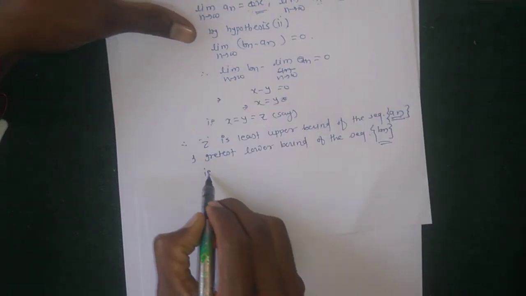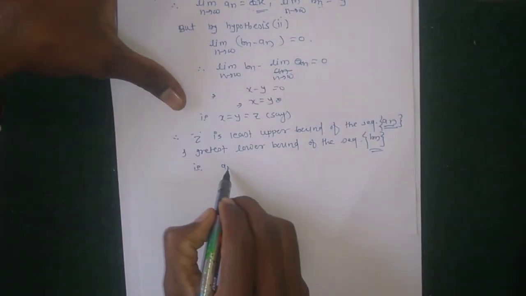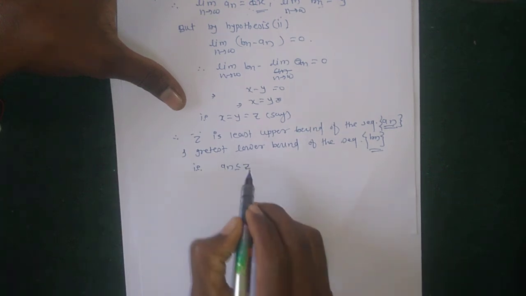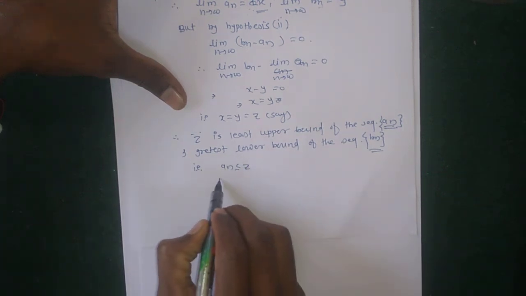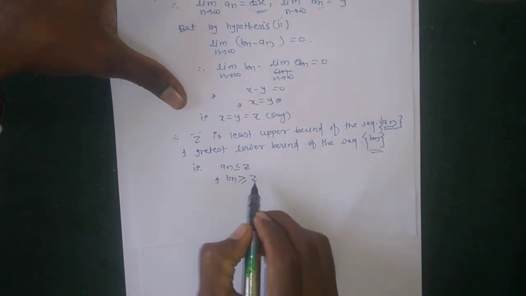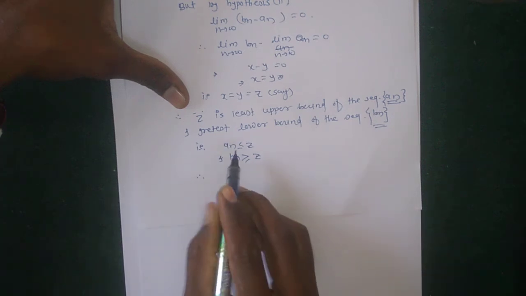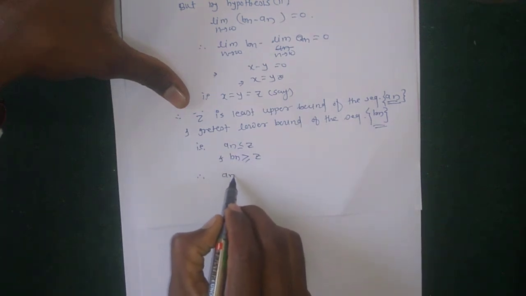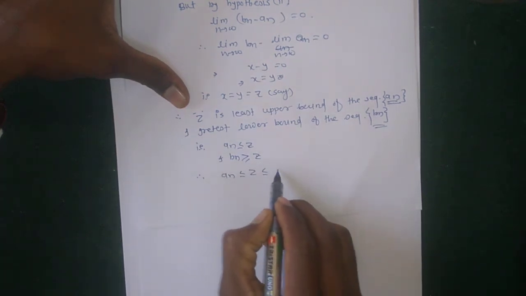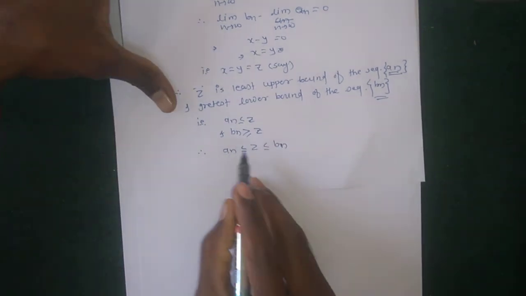That is, all terms of the sequence An must be less than or equal to Z, and all terms of the sequence Bn must be greater than or equal to Z. Therefore Z lies between An and Bn.